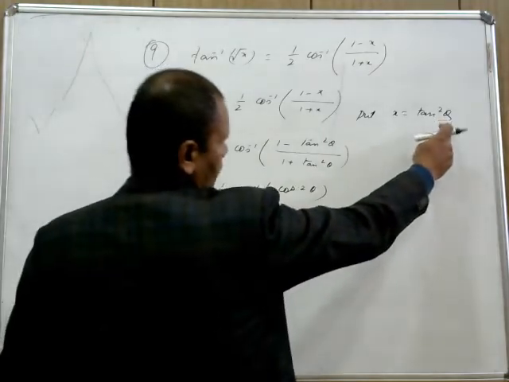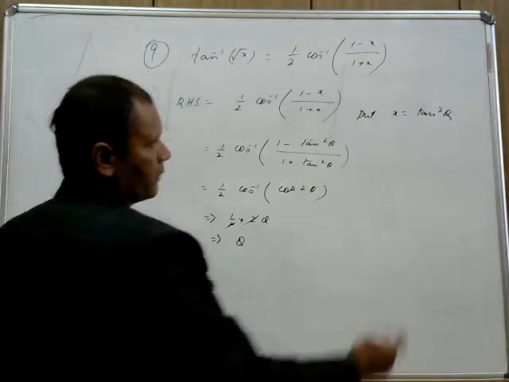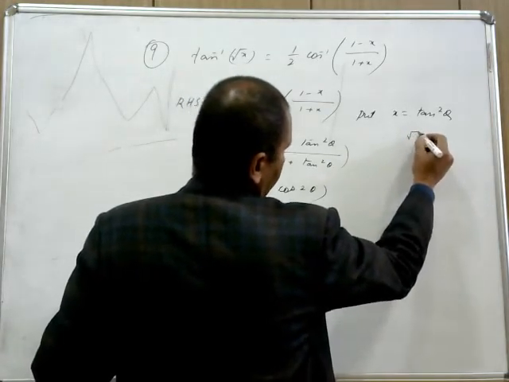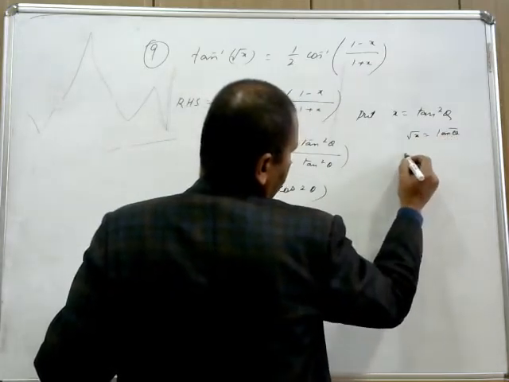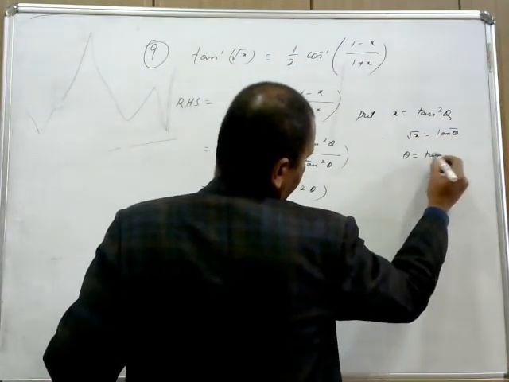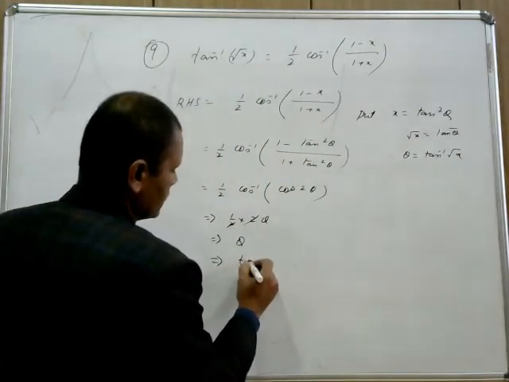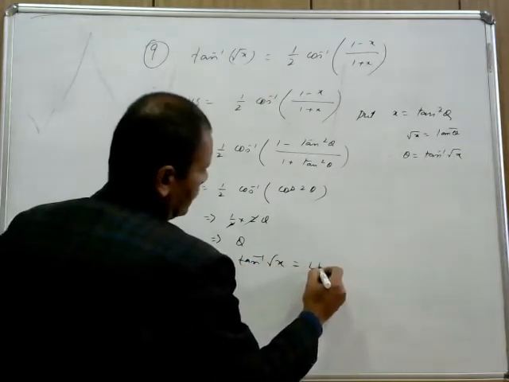And what have I taken? x is equal to tan square theta. Therefore tan theta is root x, and therefore theta is equal to tan inverse root x, and therefore I can write this is equal to tan inverse root x. That is equal to your LHS.